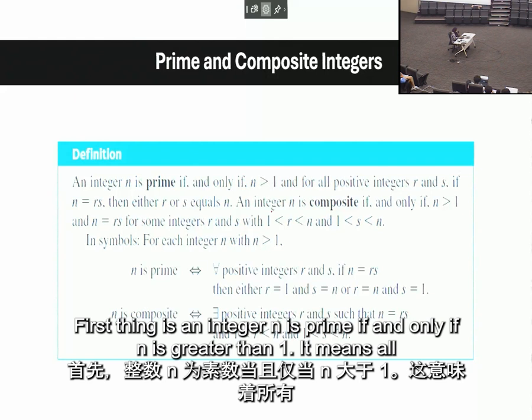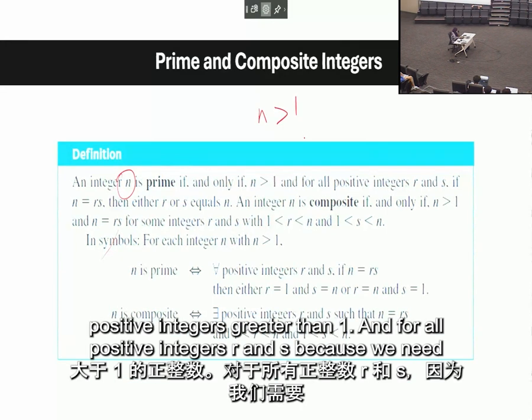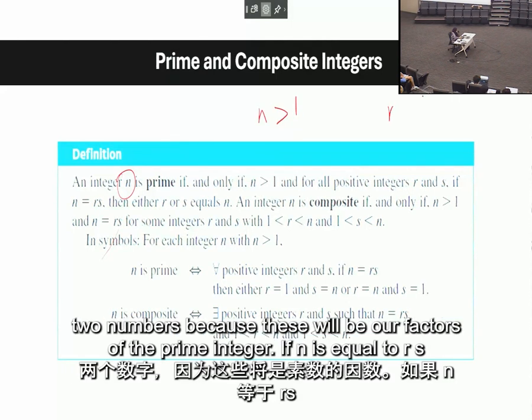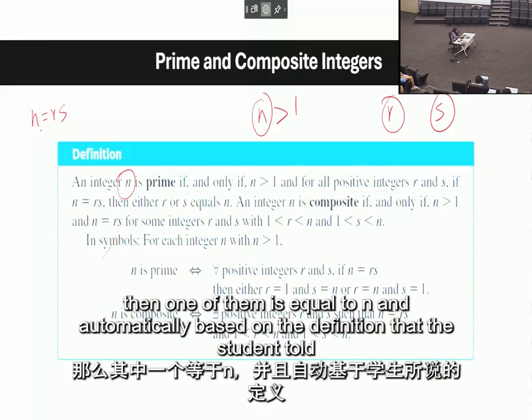First thing is, an integer n is prime if and only if n is greater than 1. It means all positive integers greater than 1. And for all positive integers r and s, because we need two numbers, because these will be our factors of the prime integer, if n is equal to rs, then one of them is equal to n, and automatically the other, based on the definition that the student told.